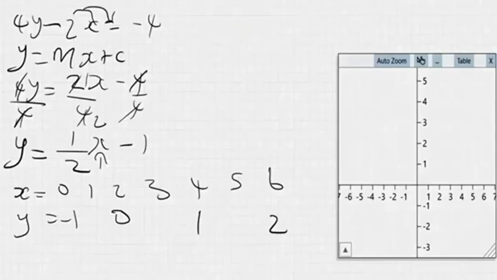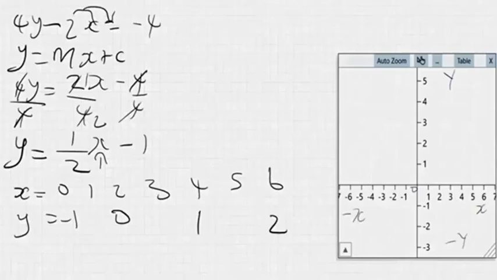So let's go ahead and get the points. Remember, the vertical axis is the y axis, whereas the horizontal axis is the x axis. This is the positive y axis, this is the negative y axis, this is the positive x axis, and this is the negative x axis.